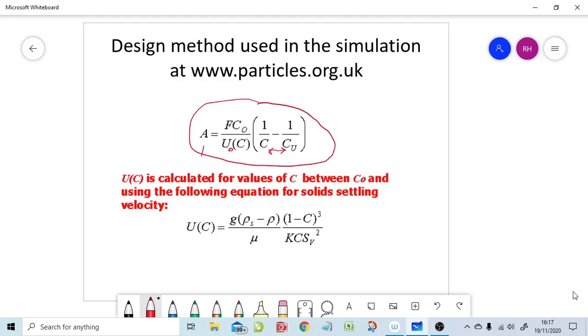Apart from that, we have the feed rate, which would be meters cubed per second. This is the original concentration going into the thickener. So we're having to use this equation again and again and again, simply changing the value of C just there and U0(C) just there, changing those values from a value of C0, the feed concentration, to Cu. That's the Cohen-Clevenger approach.